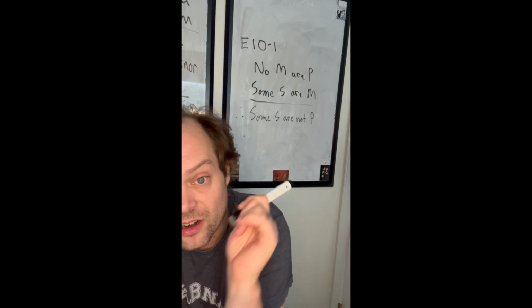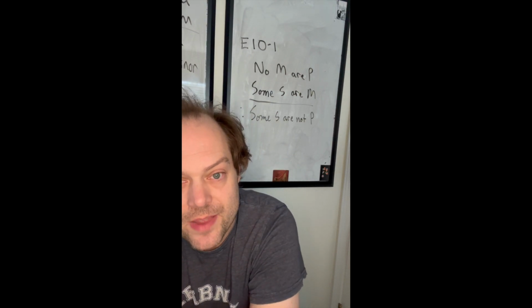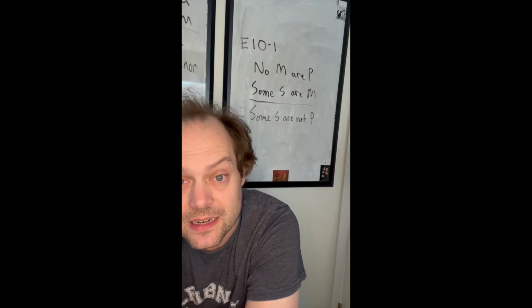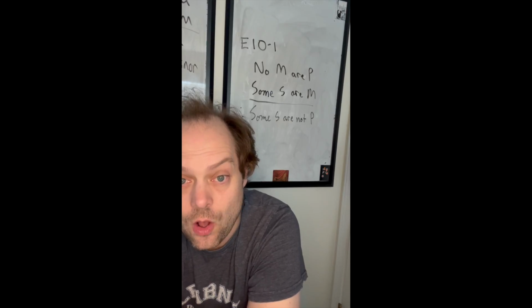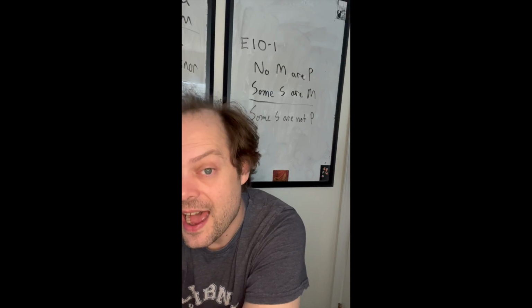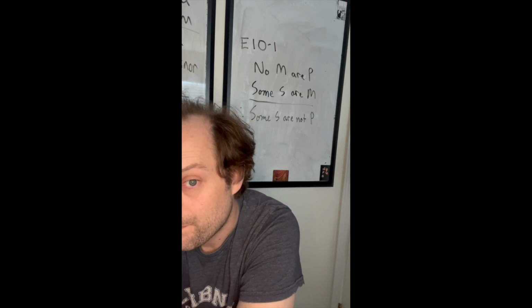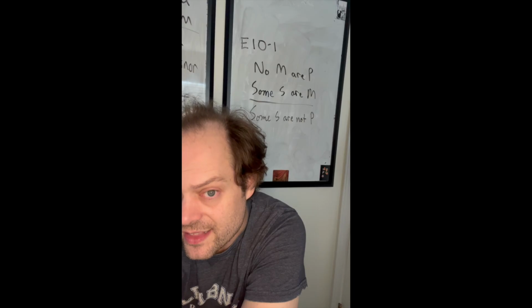What about our O conclusion here? Some S are not P. What's distributed here? Are we saying something about all the S's or about all the P's? It feels like maybe not, like maybe this would be like the I statement above, but actually we find that there is something.